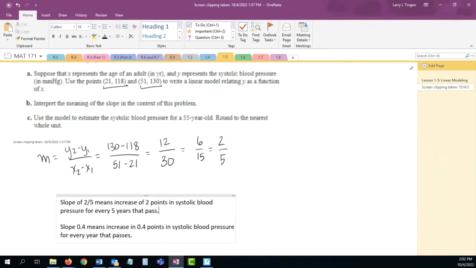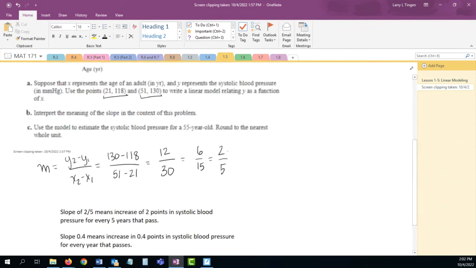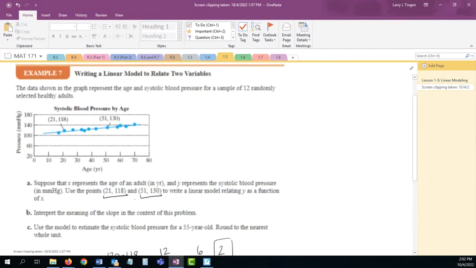Now, part C, that was part B. Part C says use the model to estimate the systolic blood pressure for a 55-year-old, round to the nearest whole unit. Okay. Well, I have the slope, and I have 2 points given to me. Those 2 points are (21, 118) and (51, 130).